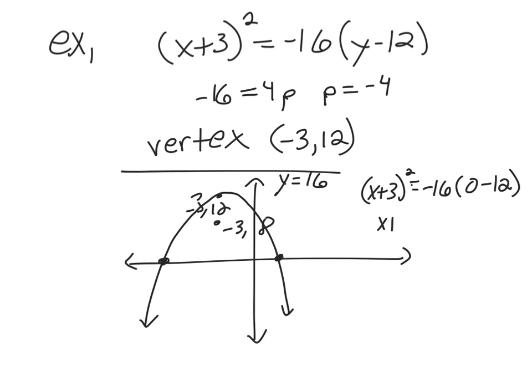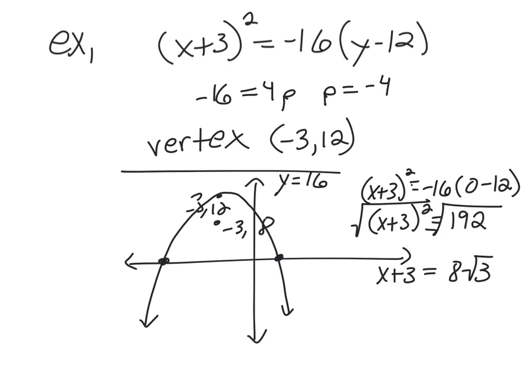That's going to give me (x + 3)^2 = 192. Then I can just take the square root of both sides. So now I've got x + 3 = 8√3, or x = -3 ± 8√3.